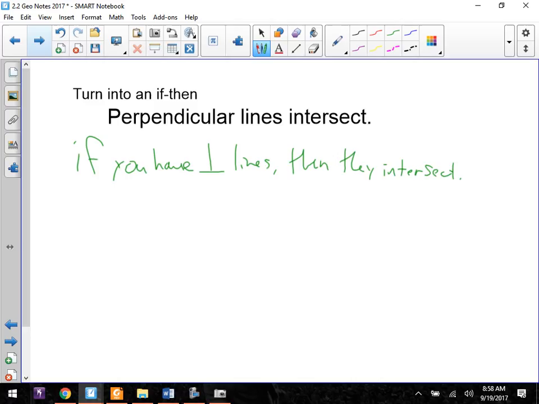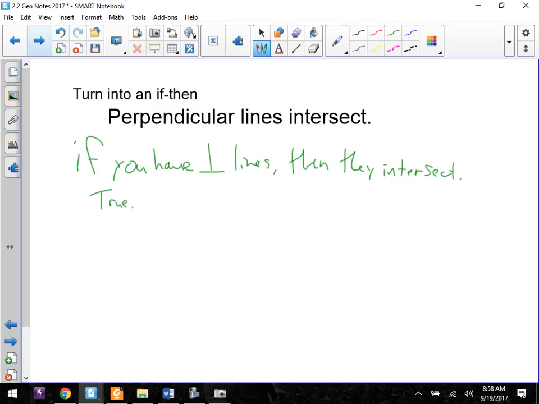Conclusion then? Perfect. Is that true or false? It's true. In order to have perpendicular lines, by definition, they have to intersect because what do they create? Very good. They create 90-degree angles. So by definition, this is a true statement.